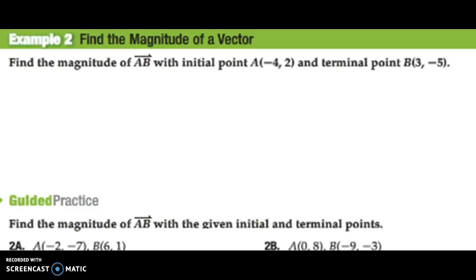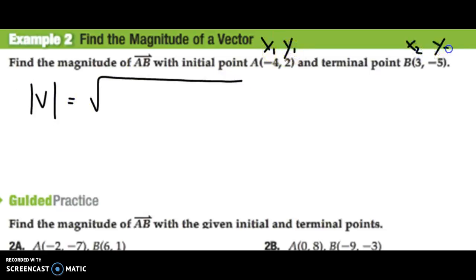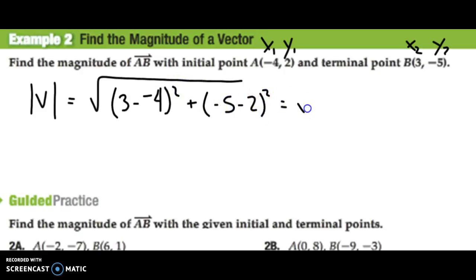So let's look at example 2. It says find the magnitude with an initial point of (-4, 2) and a terminal point of (3, -5). My magnitude is going to be, remember, (x1, y1), (x2, y2): the square root of x2 minus x1 squared plus y2 minus y1 squared.